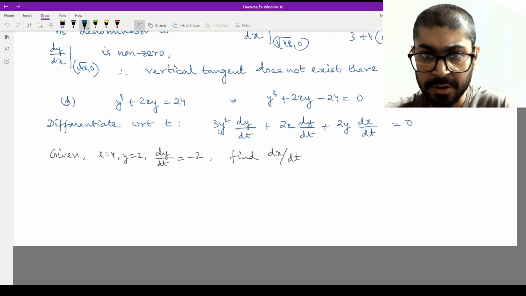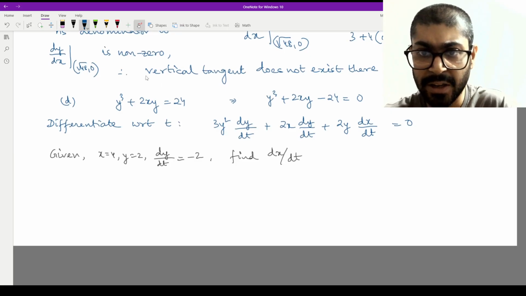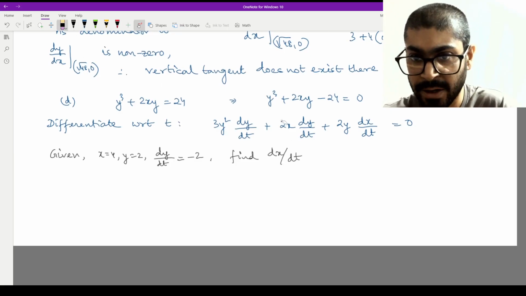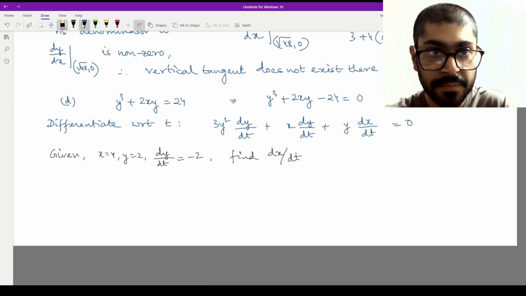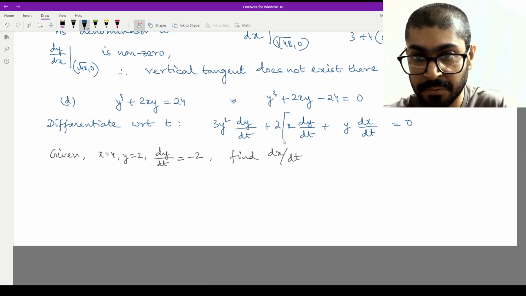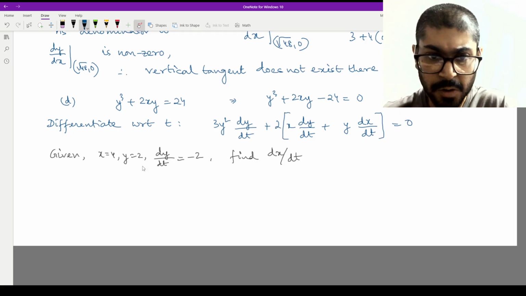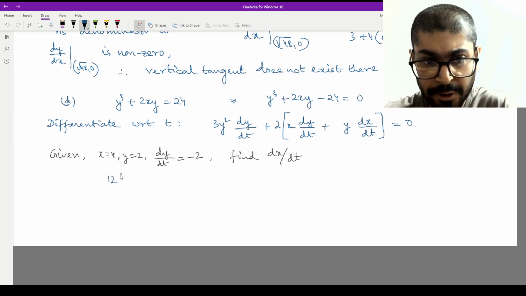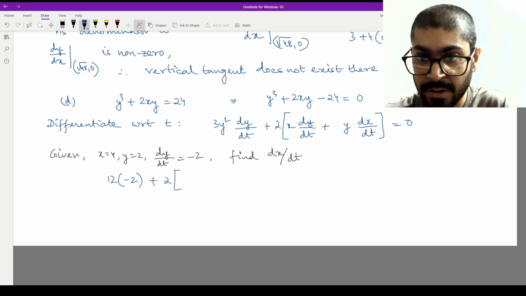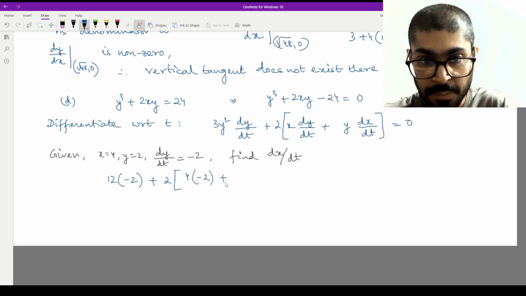3y square. So 3 into y square. Here we could have taken 2 common, right? That makes more sense. Alright, so 3y square, 4, 12. 12 into minus 2 plus 2 into x, x is 4, into minus 2 plus y is 2 into dx/dt, supposed to be 0, right?